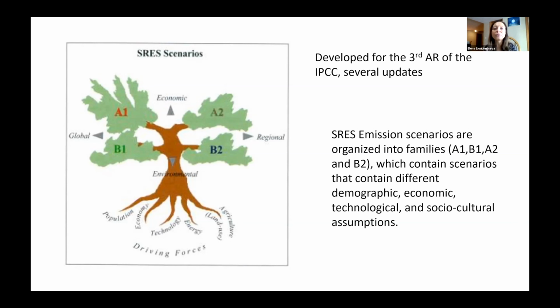A2 would focus on priority for economic development and regional interests, B1 would be focusing on global priorities and environmental considerations over economic considerations. And finally, B2 would be environmental considerations and regional priorities.